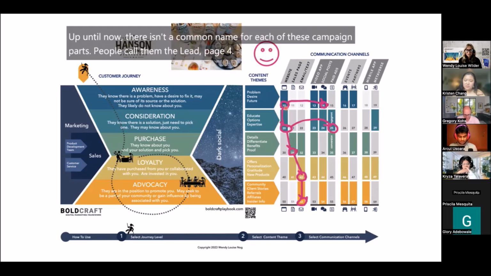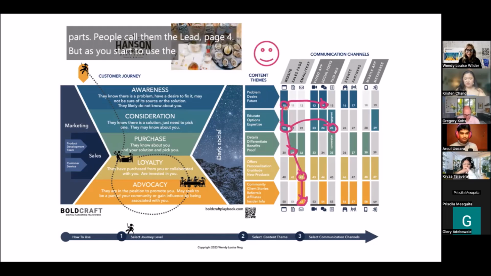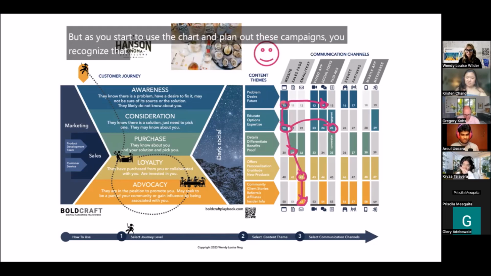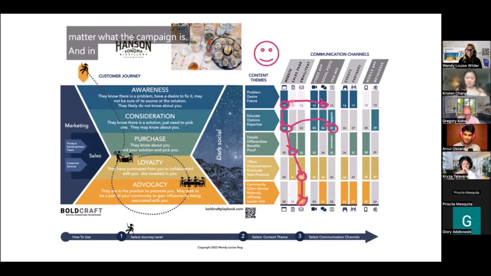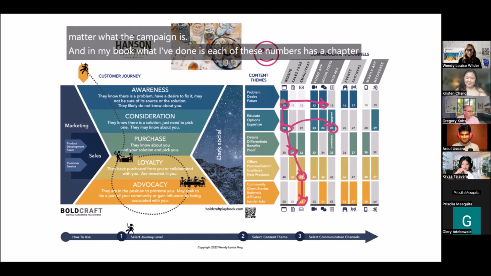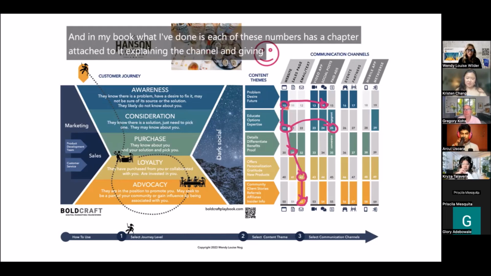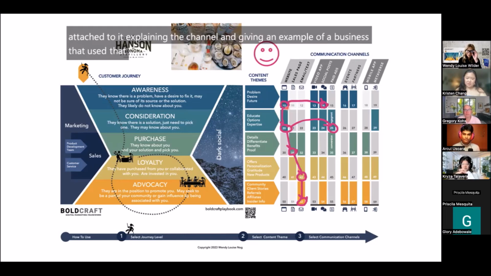But as you start to use the chart and plan out these campaigns, you recognize that each of these channels have the same to-do list, no matter what the campaign is. And in my book, each of these numbers has a chapter attached to it, explaining the channel and giving an example of a business that used that channel really well.